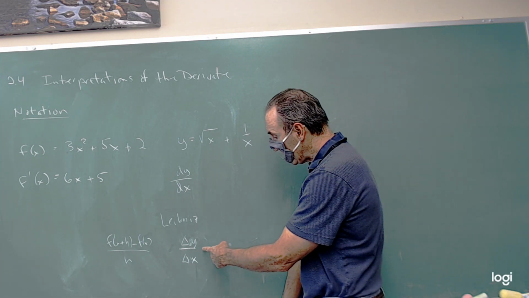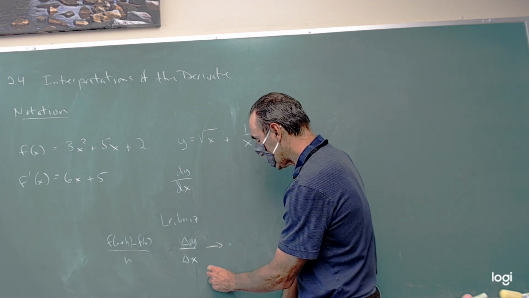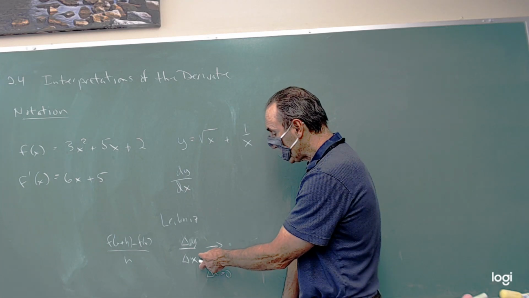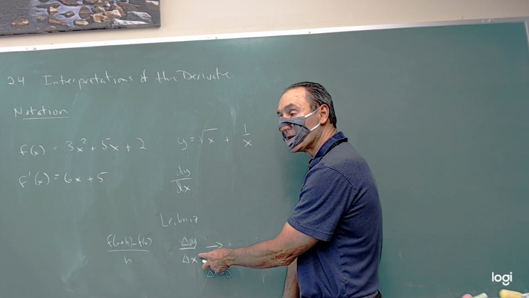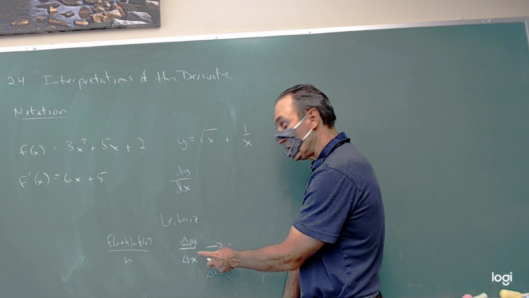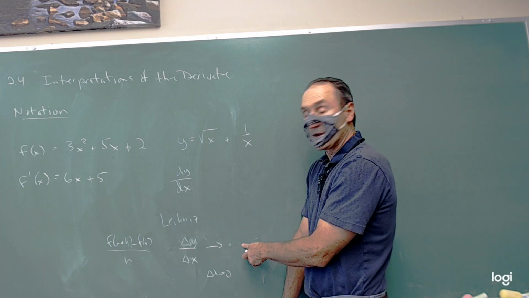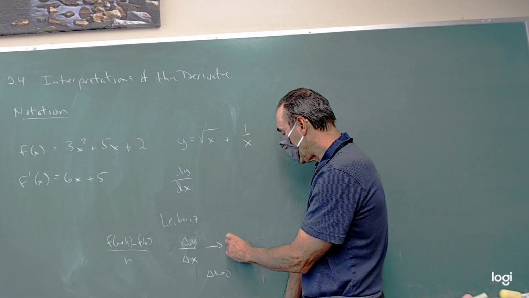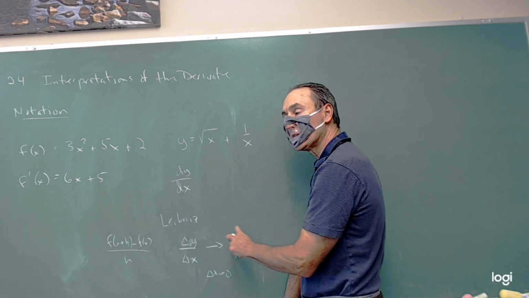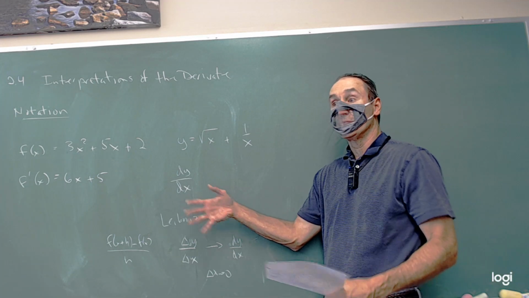And so what Leibniz was trying to suggest is that as this denominator, as h or delta x goes to 0, this goes from being the slope of a secant line, the average rate of change, to the actual derivative, the instantaneous rate of change, the slope of the tangent line. So it became this dy dx coming from the delta y, delta x. That's what that notation is supposed to suggest.